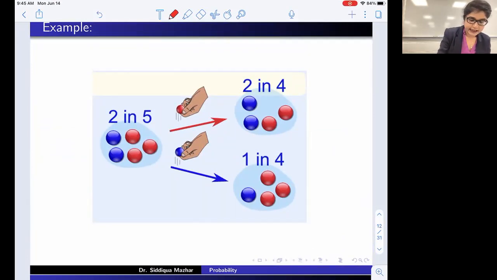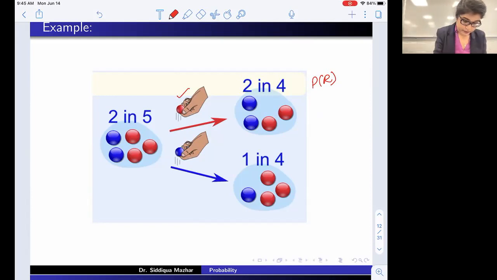If I am selecting red, then the probability of finding red will be, because the total number of red is, what? This should be, isn't it?